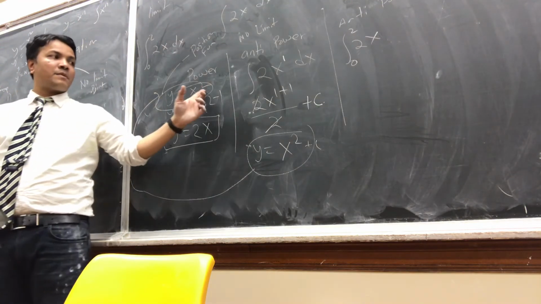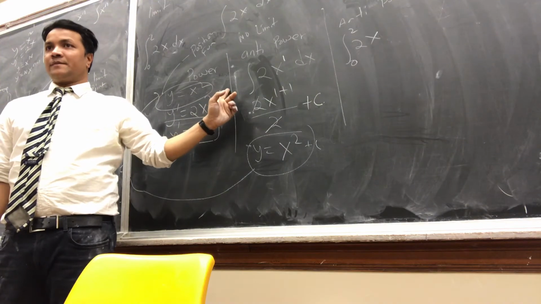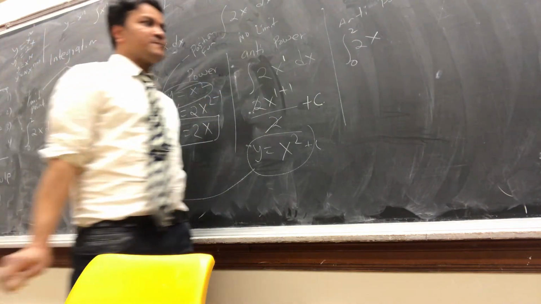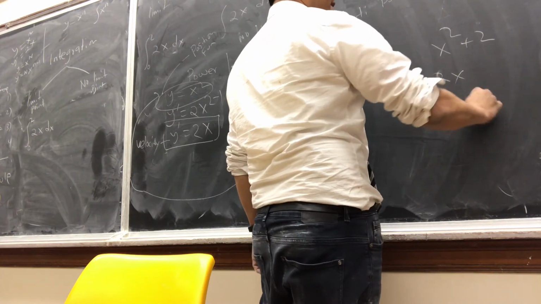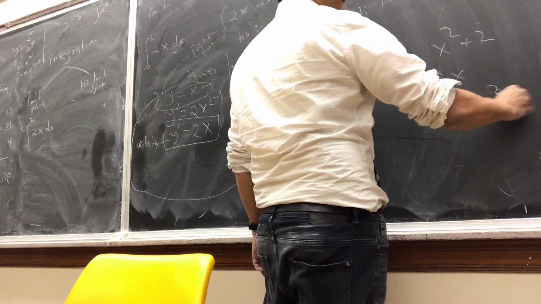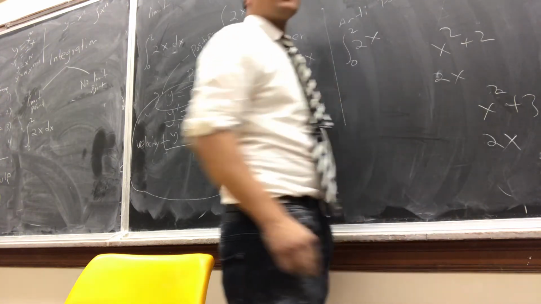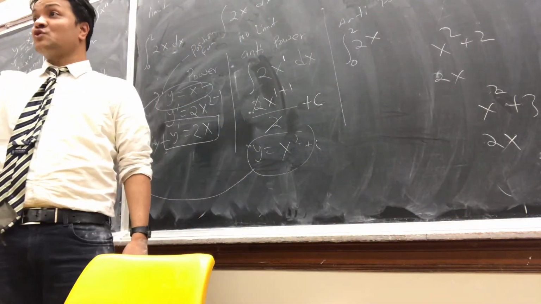The plus c, a number. Why is the number not so important? Because the derivative of x squared plus 2 is 2x. x squared plus 3 gives 2x. x squared plus 2 trillion gives 2x.